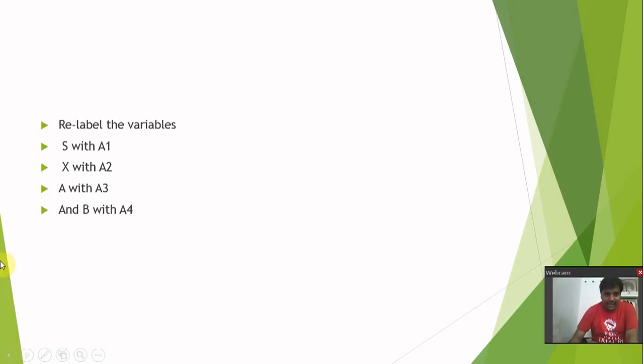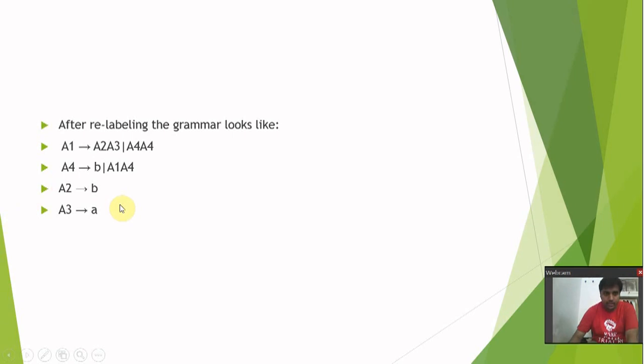You can take any variable you want. We have converted S to A1, X to A2, A to A3 and B to A4. After relabeling, you can see that all the productions which were of non-terminal form have been converted into A1, A2, A3 and A4. This is the question that we now need to solve.